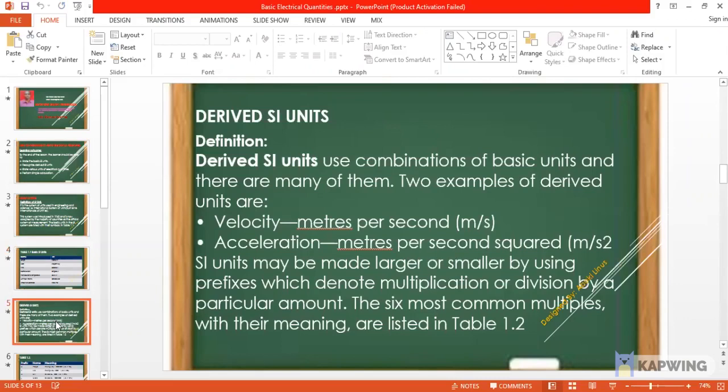Next, we want to look at the derived SI units. We said these are derived from the basic units. So derived SI units are a combination of basic units, and there are many of them. For example, we have velocity. Which two basic units give us velocity when we combine them?